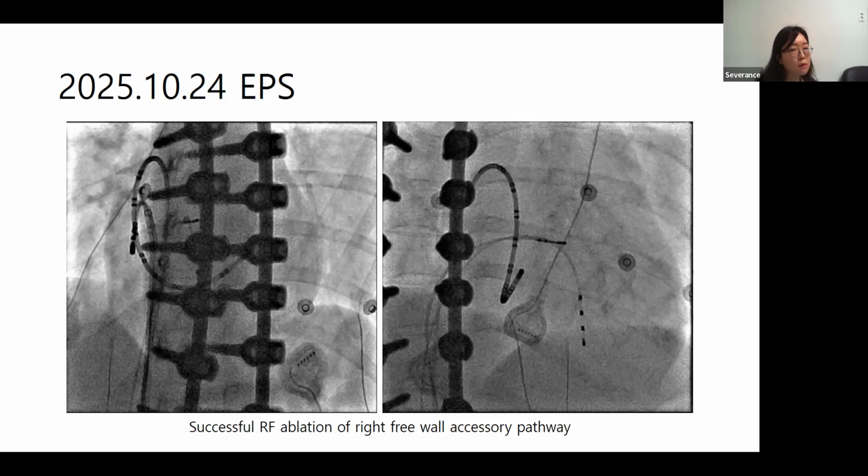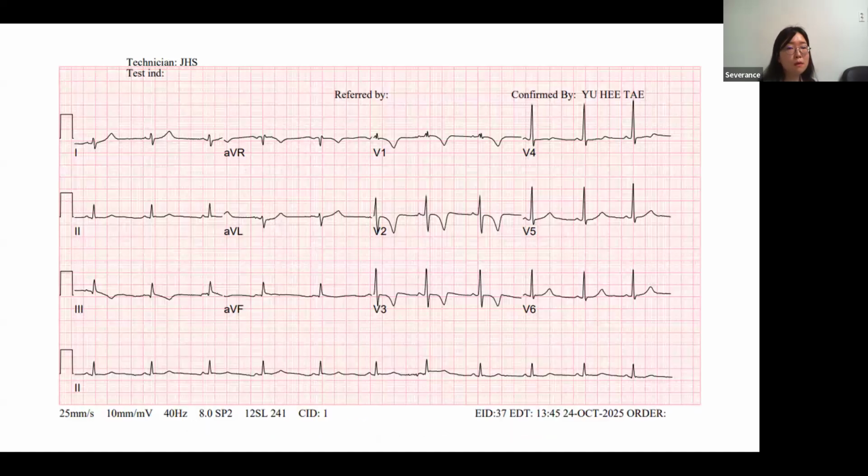So can you show me the post ablation ECG? Wow, there is a big T wave inversion, like ARVC. What happened? Does this patient have underlying ARVC? Can anybody explain it? It's cardiac memory. Yes, that's memory.